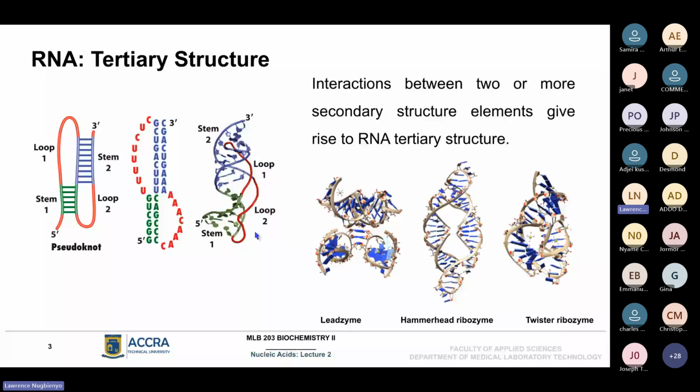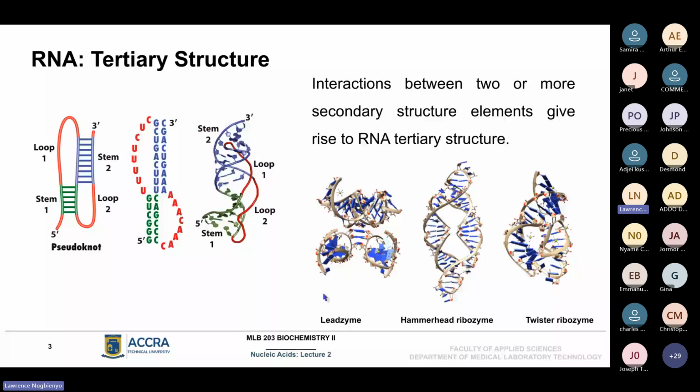But if you have more than one, you have a tertiary structure. So this is not for you to look at and say, oh, do I have to know how to draw these? No, it's just for you to see that you can have such a complex structure of RNAs, even though they are single strands. You can have base pairing occurring in them such that they form secondary and tertiary structures.